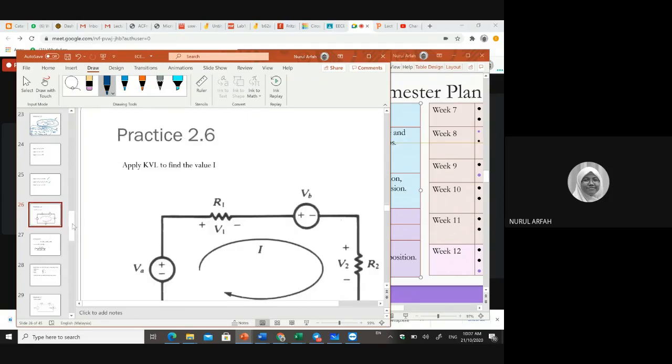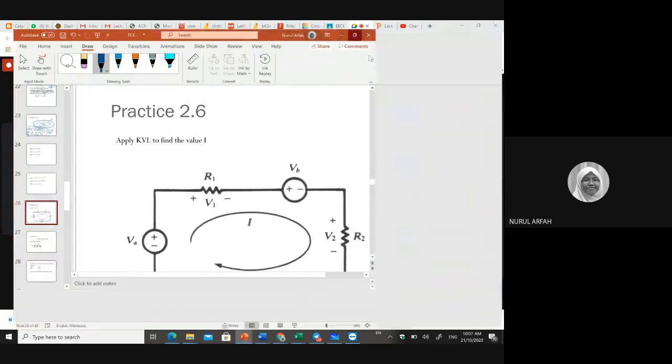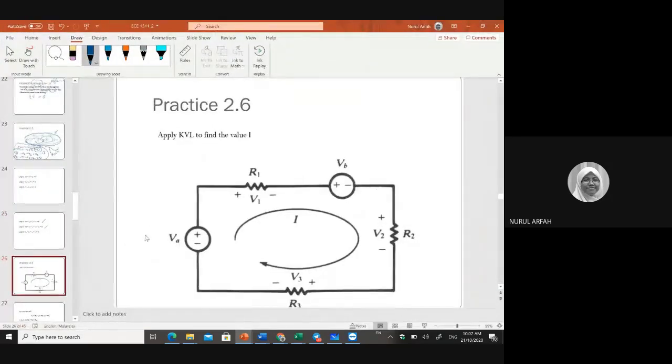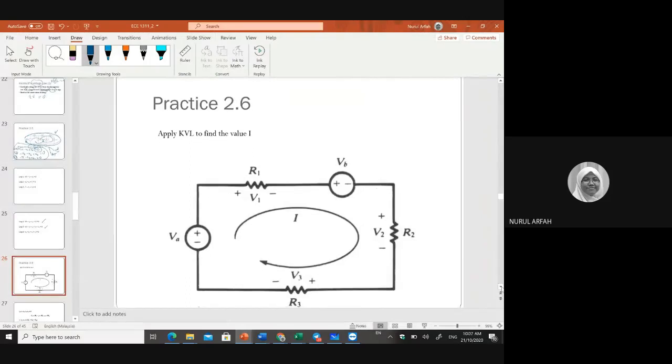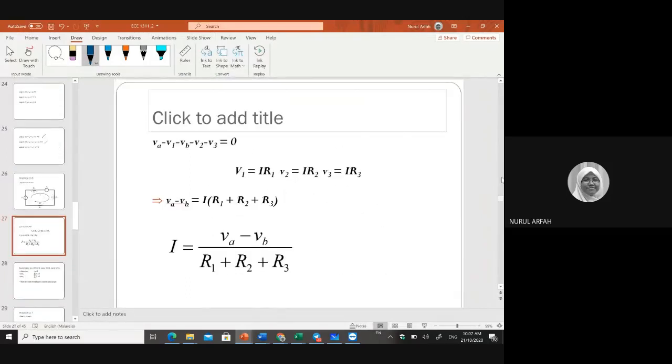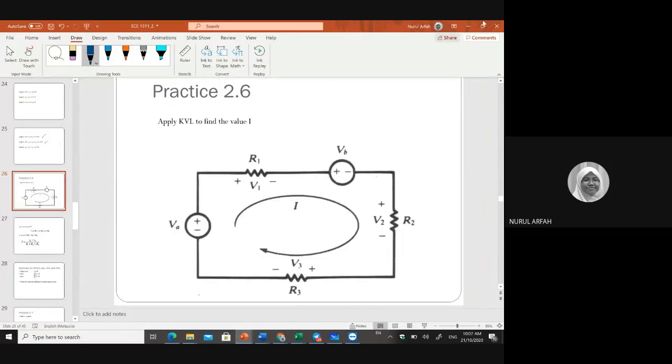Okay, inshallah. All right, now practice 2.6. Last time we stopped here. Do you still remember what is Ohm's law? Anyone? Yes. Voltage equals IR.